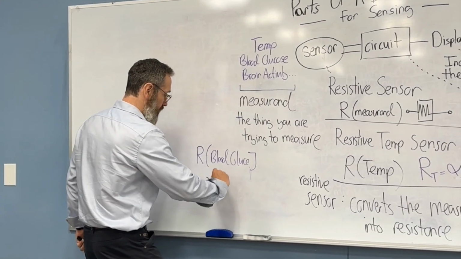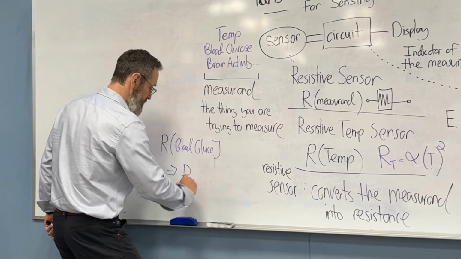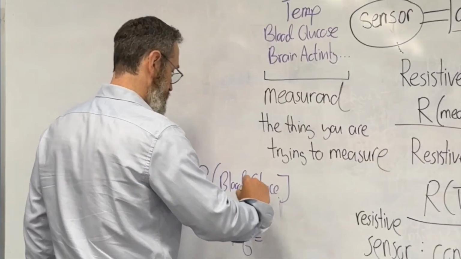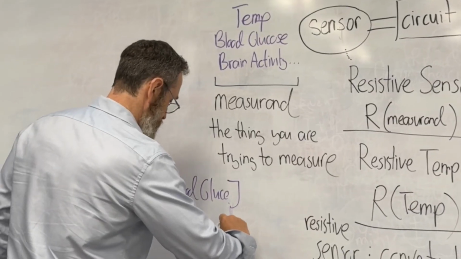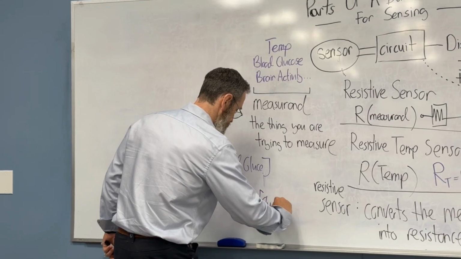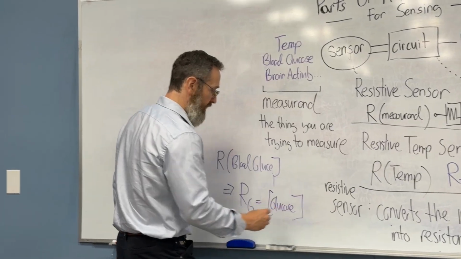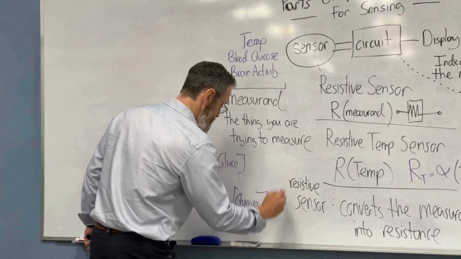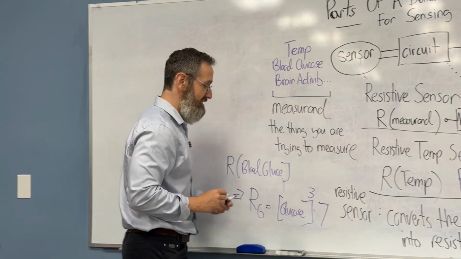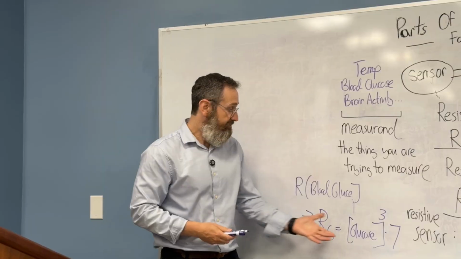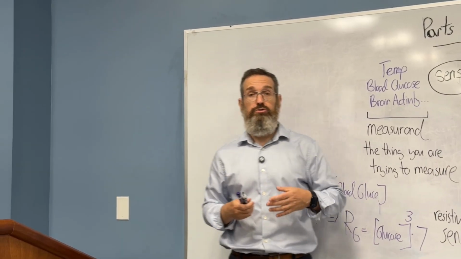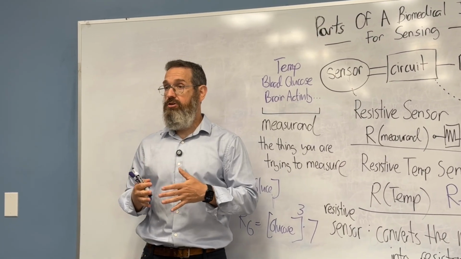I said that R sub G is equal to the concentration of glucose, right, times 7 and whatever. Put this to the 3rd power. It doesn't matter.